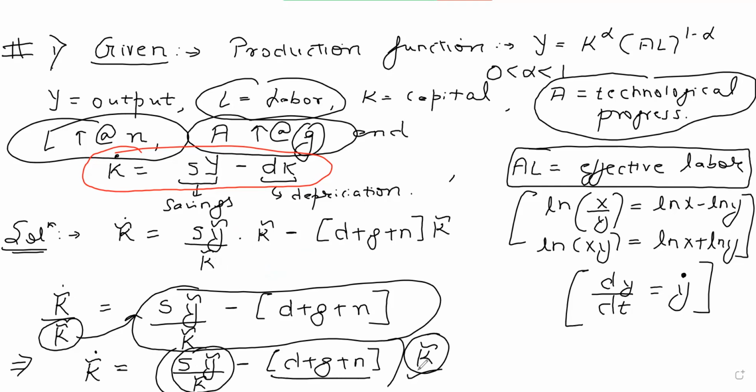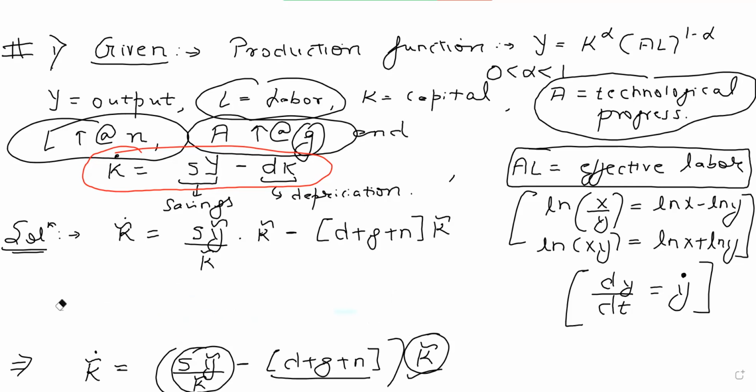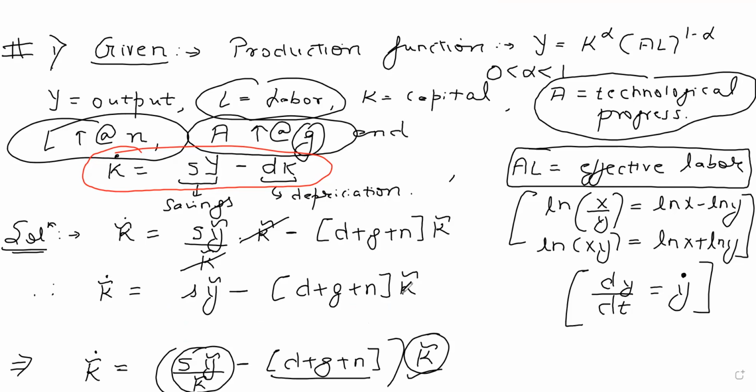Just opening up the brackets. What do we get? If I erase this part off, therefore K tilde dot will be, this and this cancel out, sY tilde minus d plus g plus N times K tilde. Okay, this is what I get. I hope all students are clear till here, this equation, and have no doubts.